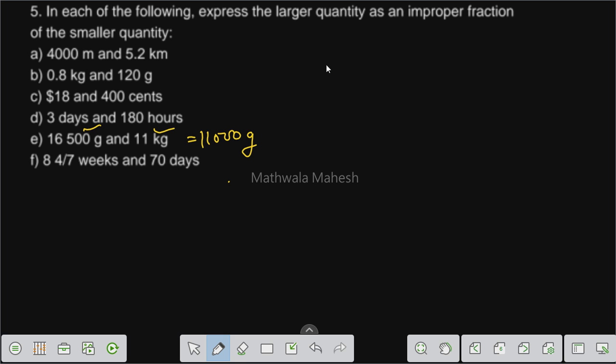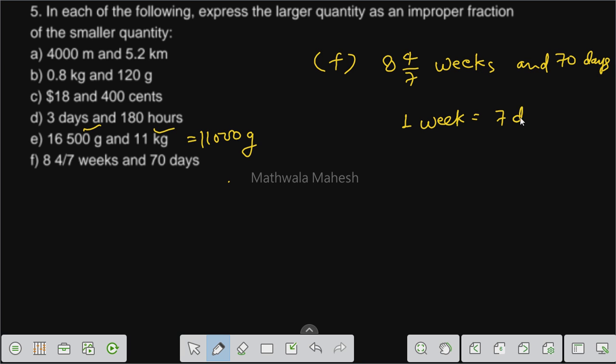Okay, I will do the F1. 8 and 4 by 7 weeks and 70 days. 1 week equal to 7 days, and 8 and 4 by 7 weeks means 8 and 4 by 7 into 7 days.